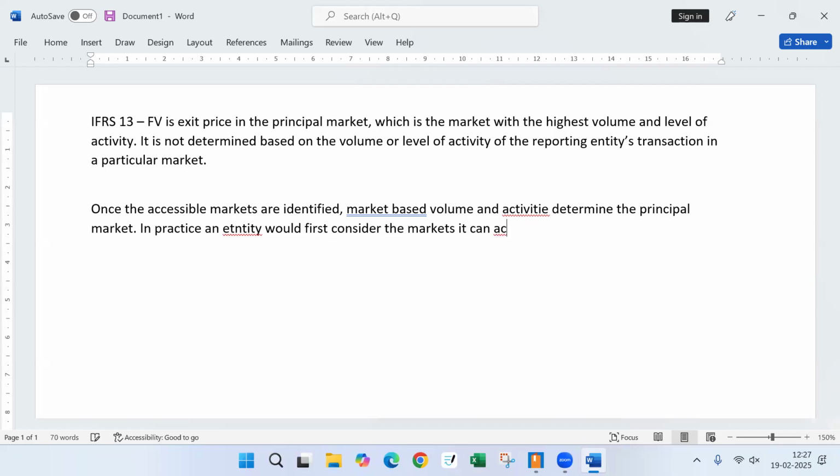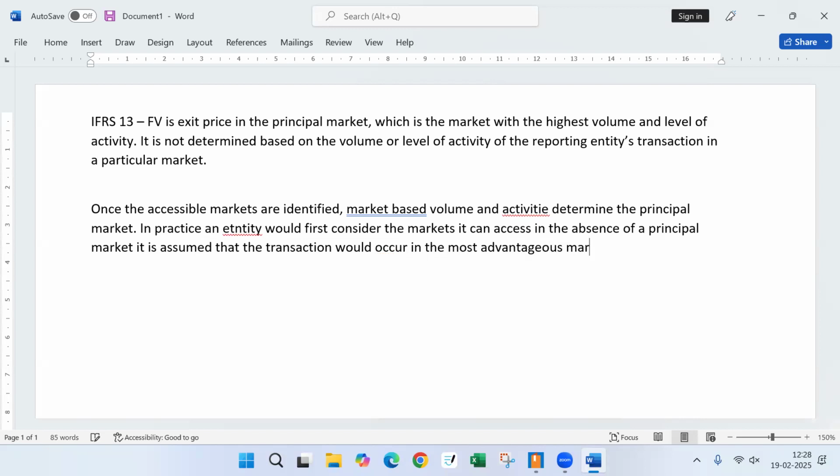And in the absence of a principal market, it is assumed that the transactions would occur in the most advantageous market.